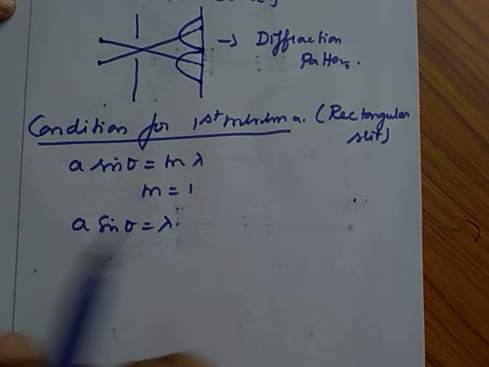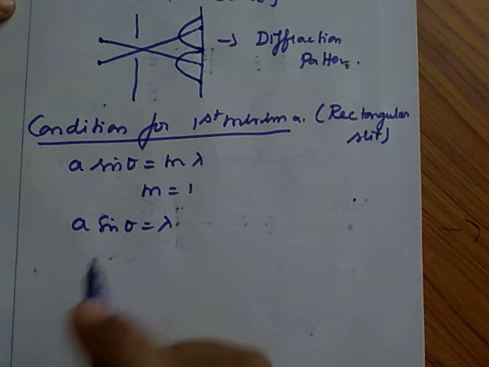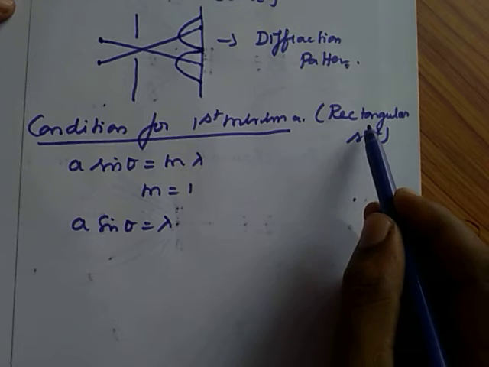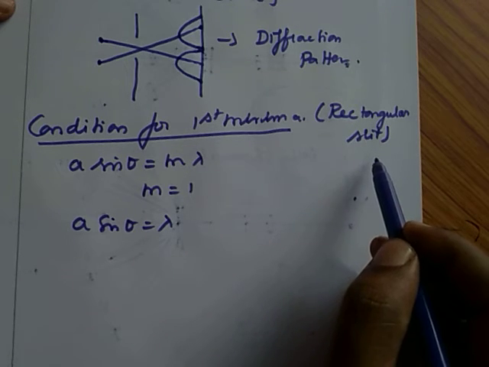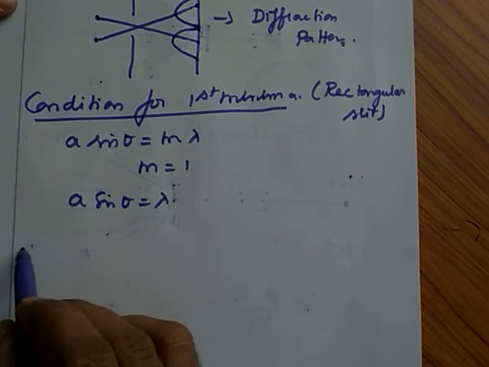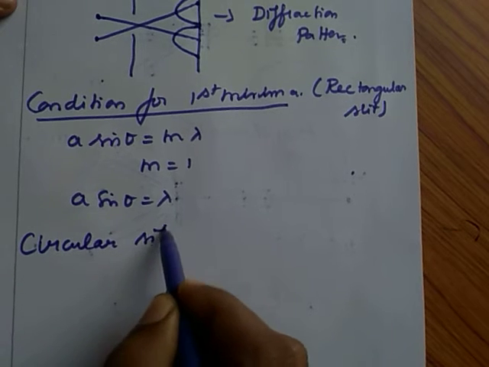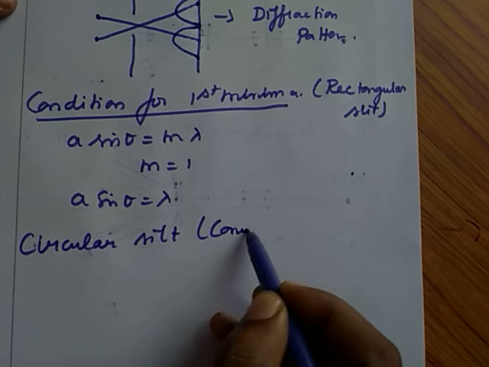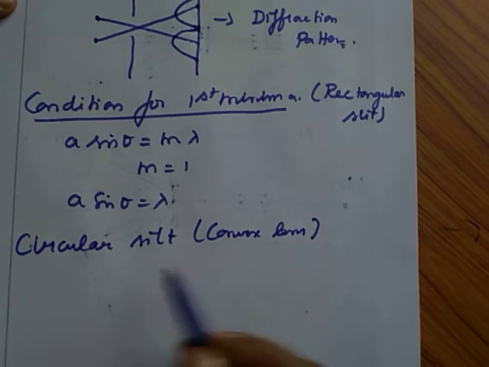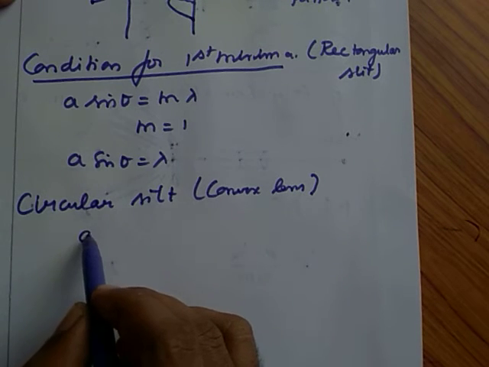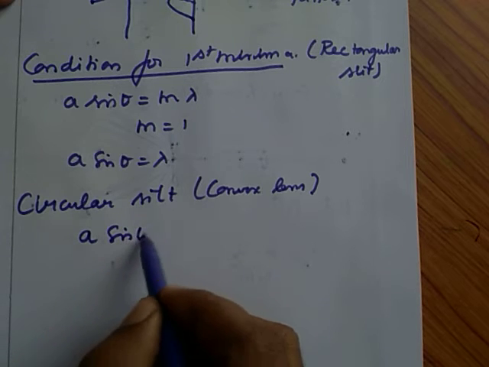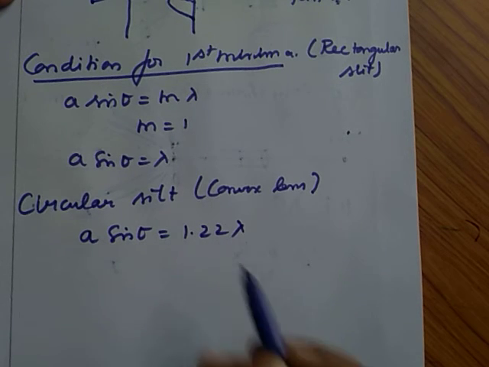Most optical instruments are not using the rectangular slit, they are using the circular slit, that is in the shape of a convex lens. For that, the condition for first minima will be a sin theta equals 1.22 lambda.